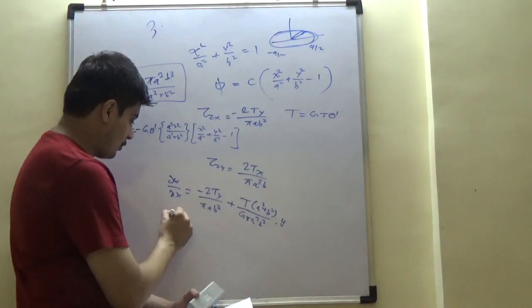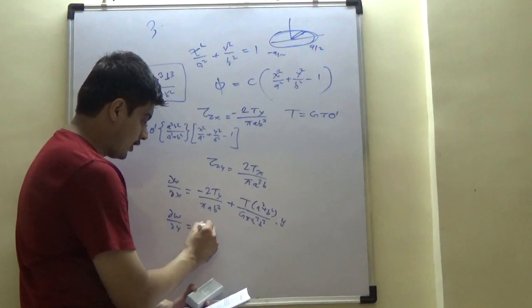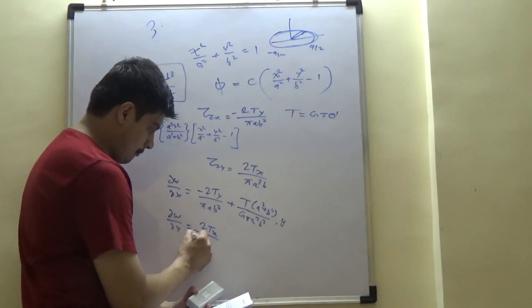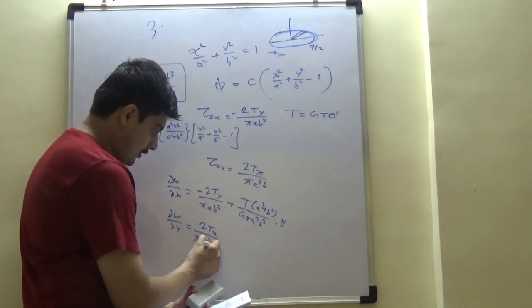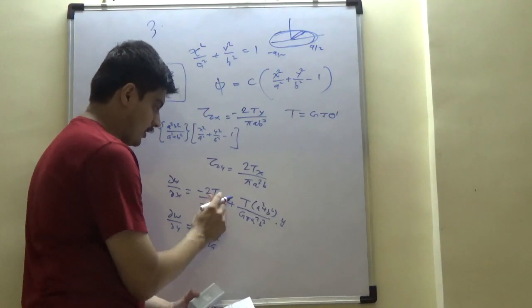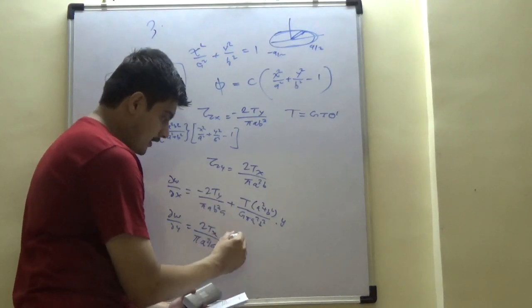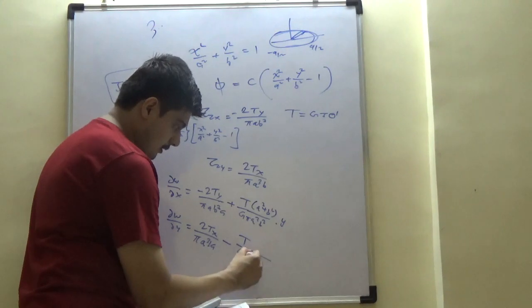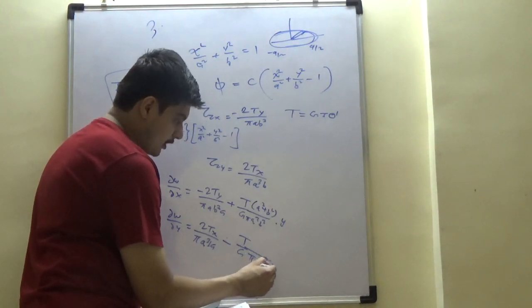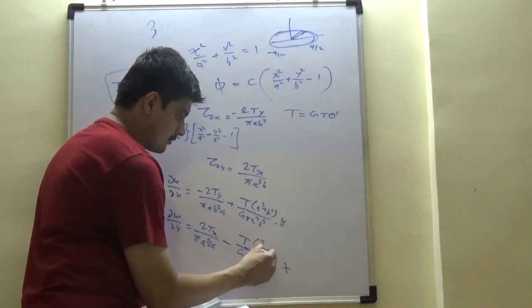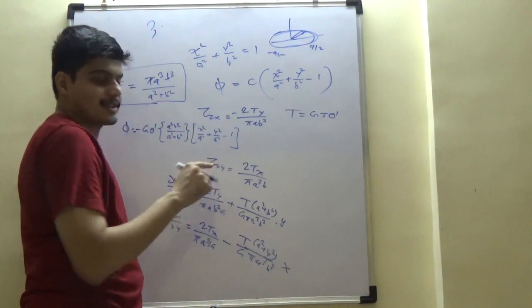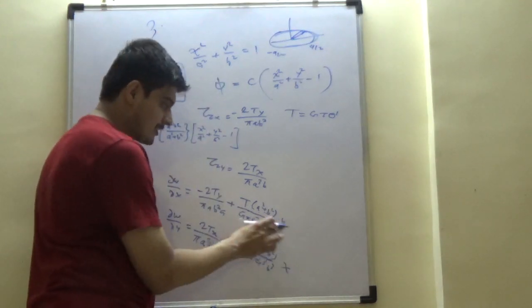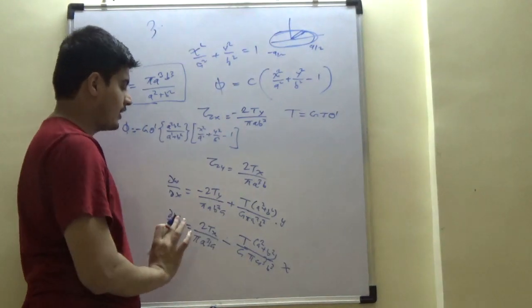So del w by del y similarly would be 2tx upon pi a cube b g, so g is going to go also here, right, minus t by g pi a cube b cube x a square plus b square, because it was theta dash x and here it is theta dash y, plus and minus signs.